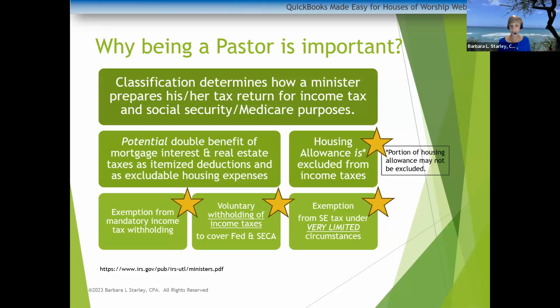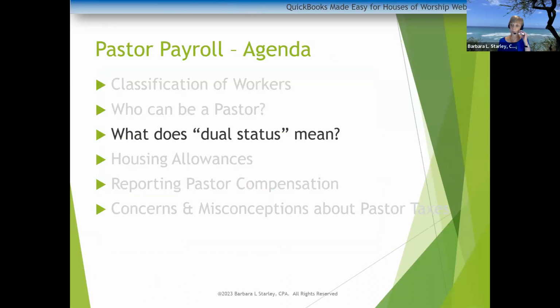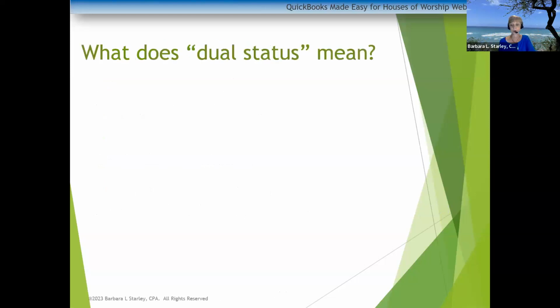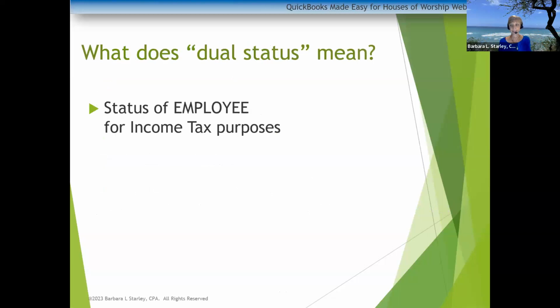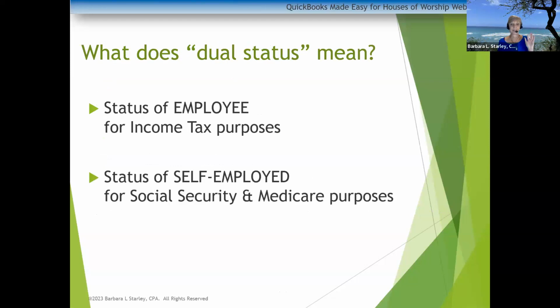All right. So let's go ahead. You probably heard this term that a pastor is considered to have a dual status. When we are talking about dual status, we're talking about that they are considered an employee for income tax purposes, and they are considered self-employed for Social Security and Medicare purposes.